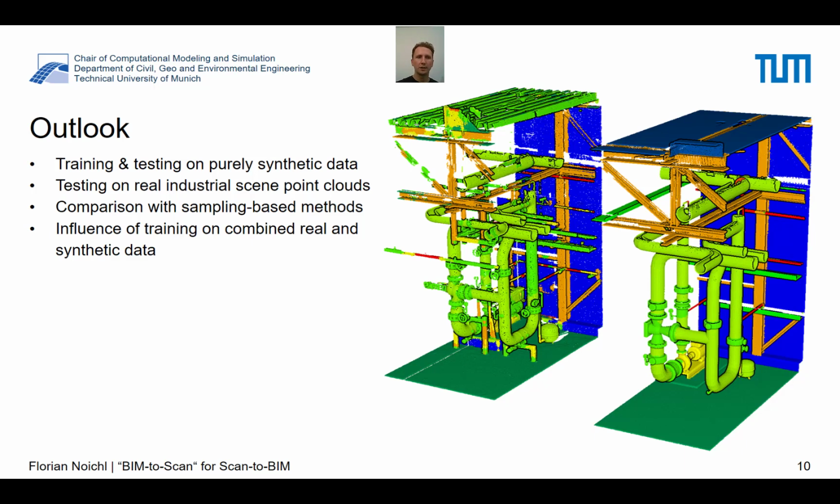As an outlook, on the right side of this slide, we included some first preliminary rough results. On the very right, we can see label predictions on testing data taken out of synthetic data for a network that was trained purely on synthetic data, which shows quite nice results.